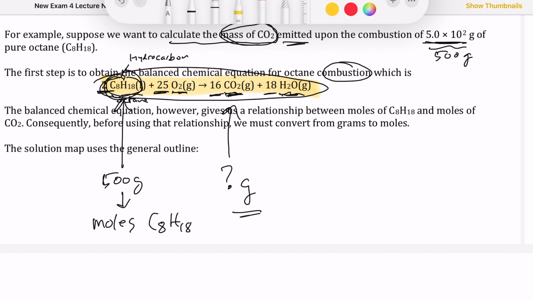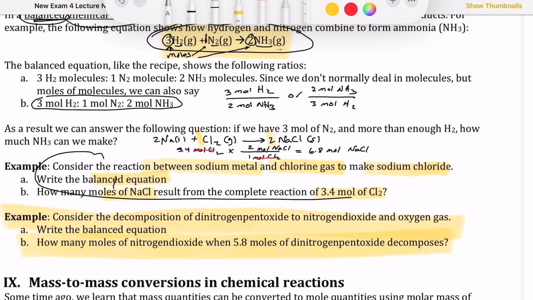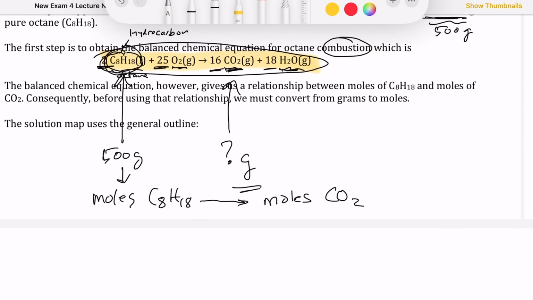Once I do that, I can take the moles of C8H18 and use my balanced equation to convert the moles of C8H18 to moles of CO2. This is exactly the calculation we did earlier with the example of sodium metal and chlorine gas forming sodium chloride. I did it right here, so look back at that if you had forgotten.